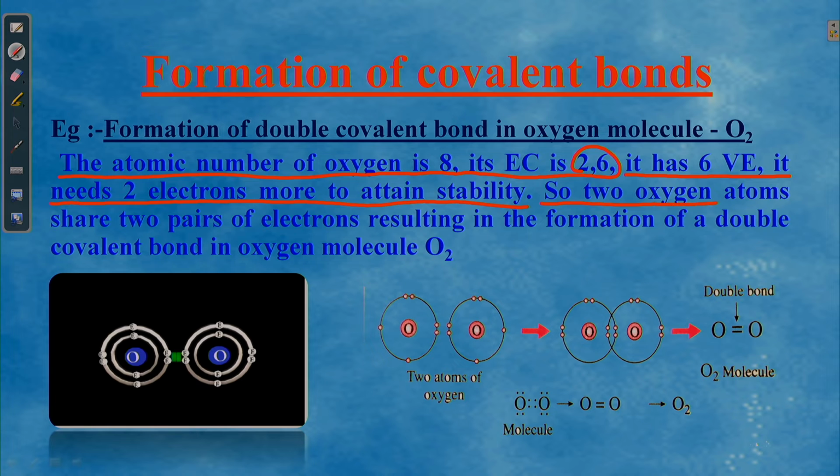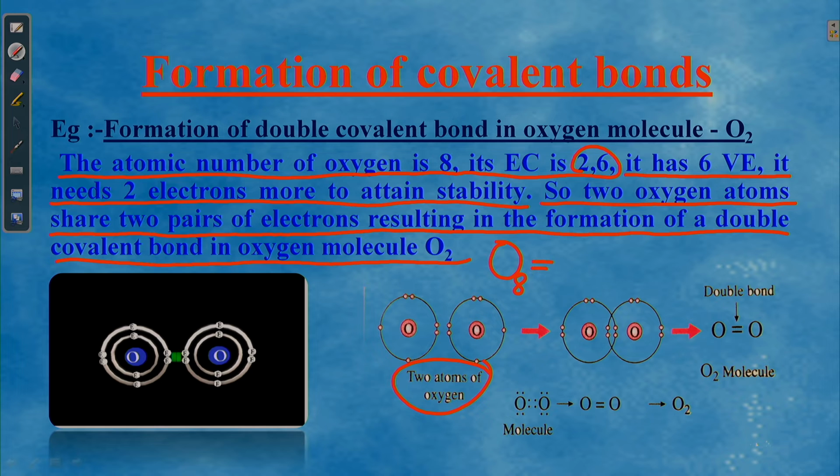So 2 oxygen atoms share 2 pairs of electrons, resulting in the formation of a double covalent bond in the oxygen molecule, that is O2. So here you can see on your screen there are 2 atoms of oxygen. The symbol of oxygen is capital O and the atomic number for oxygen is 8.